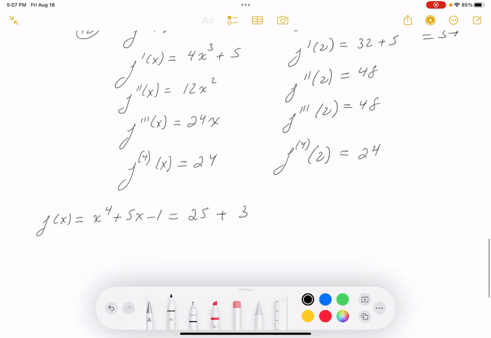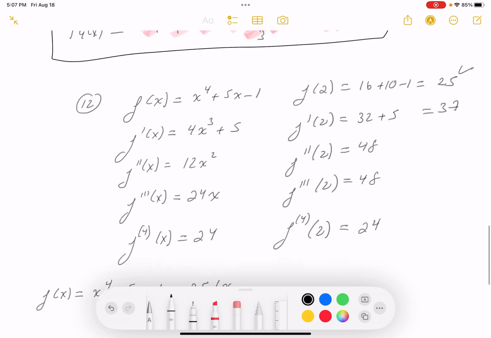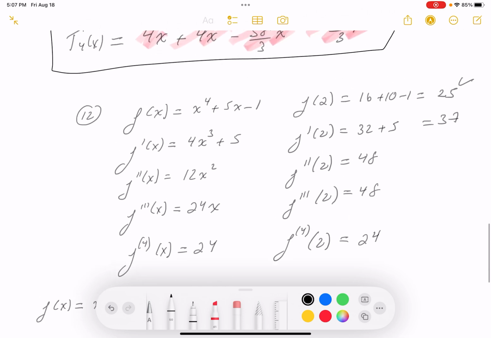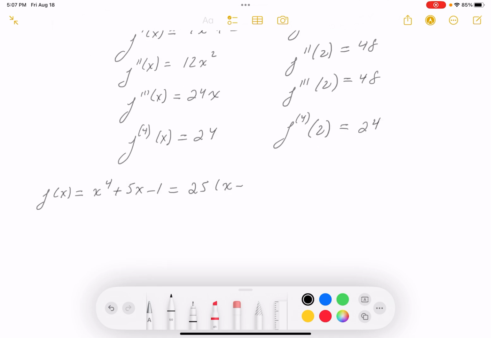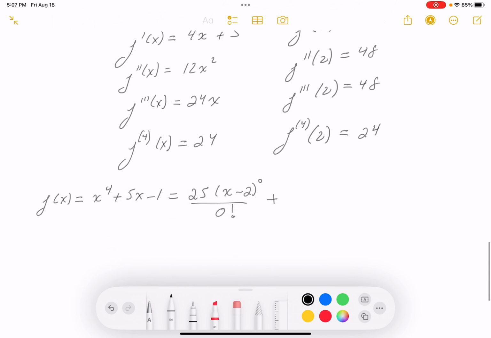Plus 37. You know what? Maybe I should do this as well. Let me write this over here. x, and the center, let me just look back, make sure I copied that right. Oh, 2, right. So x minus 2 to the 0, I'll simplify this, by the way. Then plus 37.